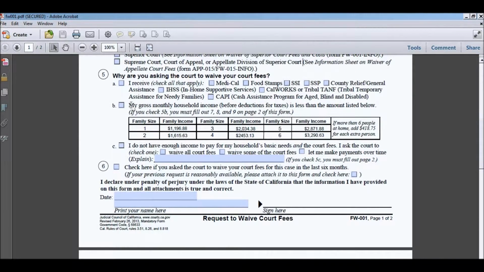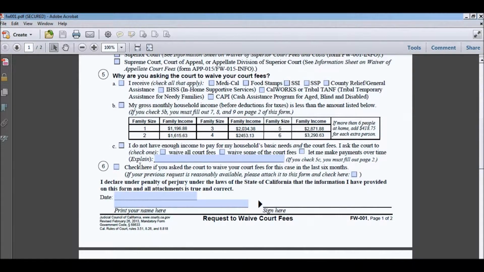If your gross monthly income right now for your household is below these amounts, given how many people are in your household, then you will also be presumed to be poor and get your fee waiver automatically. So these 2 options, A and B, are automatic. There's no dispute or doubt about it. You'll just get it. Boom, done.